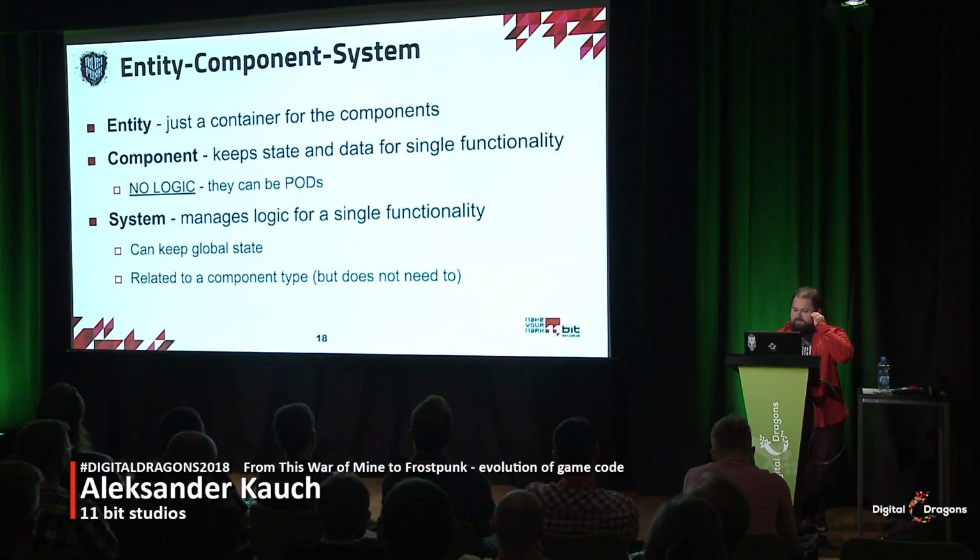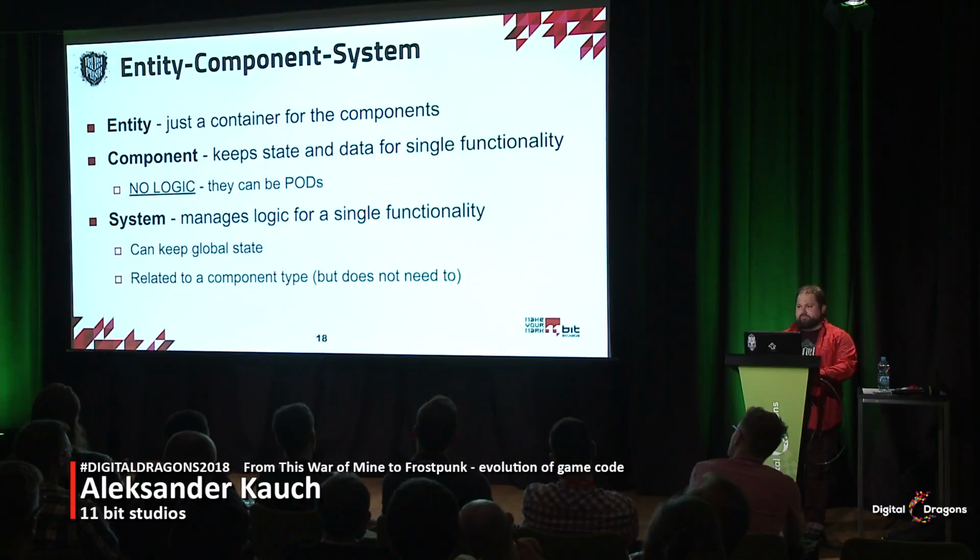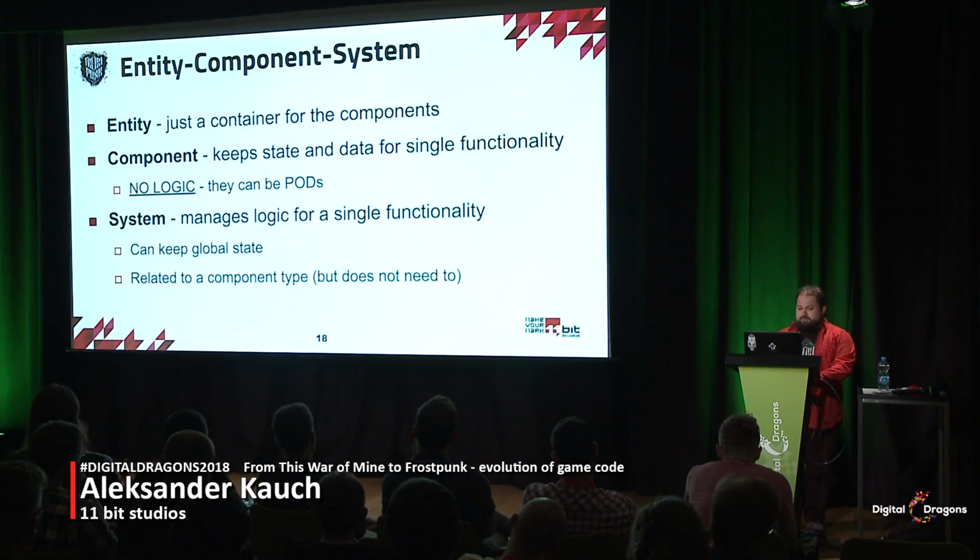And in our implementation, systems can have their own state, so that it is a keeper of global state in the area of interest of that system. And systems are related to a component type. We had some global systems not related to any component type, but mainly we had component systems.